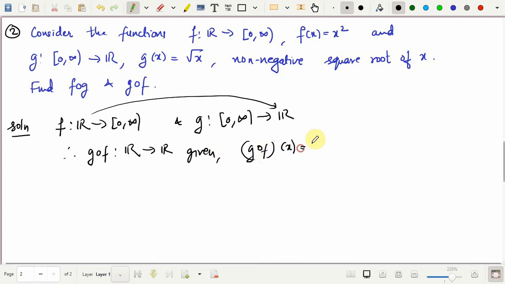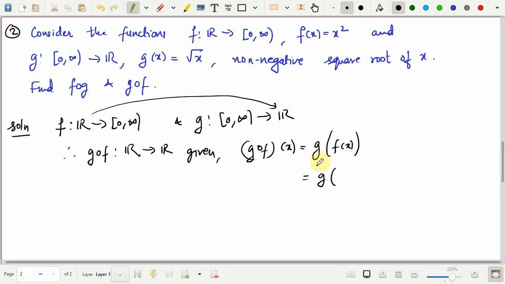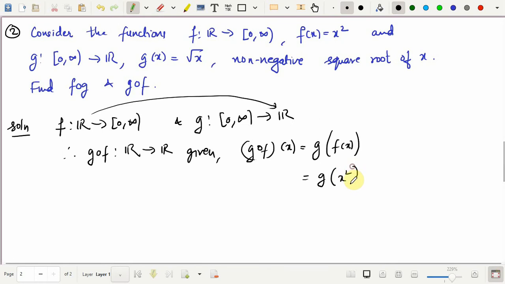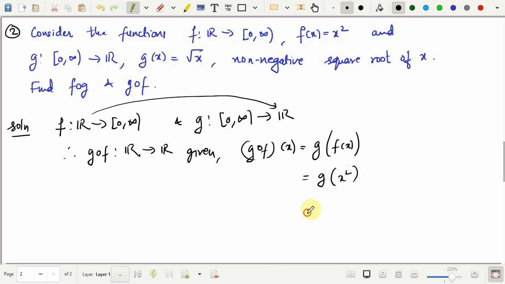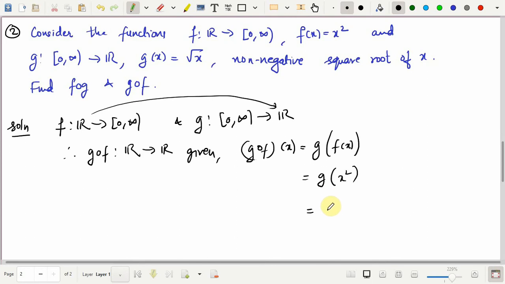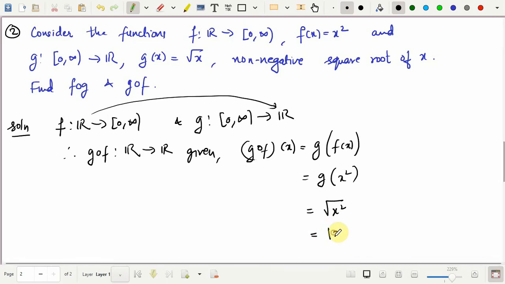So therefore g composite f is a function from R to R given by g composite f evaluated at x is g of f of x, which is same as, f of x is given as x square, and g is defined as root of x. So this would be same as writing root of x square. Okay, now root of x square, now here this is a function from R to R, so this can be treated as modulus of x.